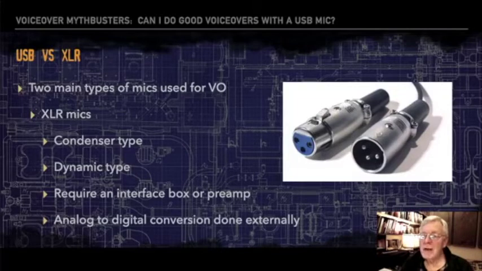So analog to digital conversion is done externally with an XLR mic through a box. It can be just a straight interface box that converts analog to digital, or it can also be a preamp that has some filters and things in it that can change, alter, sweeten, adjust the sound of your microphone.